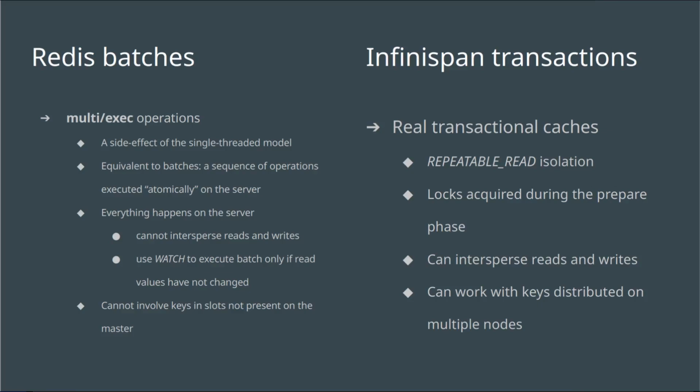Infinispan implements real transactions, and these transactions can span multiple nodes. So Redis has batches, but batches in cluster mode are limited to the data that is stored on that node, on the shard. In Infinispan, you can initiate a transaction, including data from different nodes in this transaction, and it will support commit and rollback using proper transaction semantics.